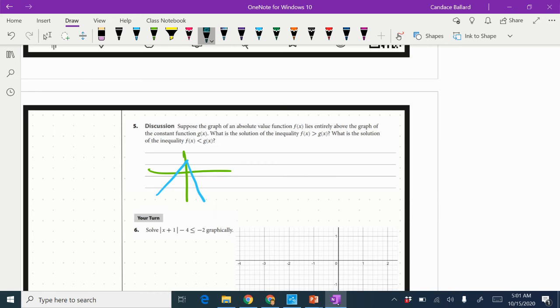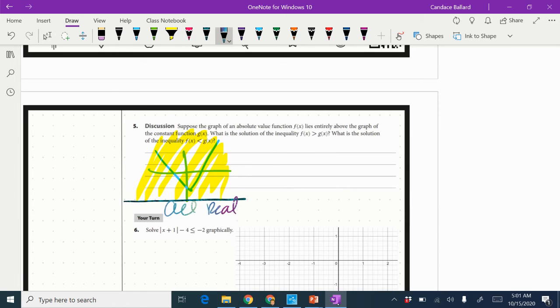It ends up entirely above. So the entire graph is above this graph. It's pointing the wrong way. We've got to point it this way. So if it's entirely above, that means I get all of these solutions. So we would answer that type of question as all real numbers.